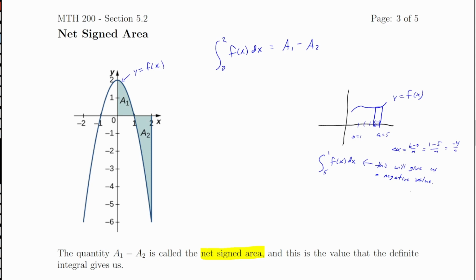So the magnitude is the same as what the area would be. So if this area was, say, 7, then this integral would be equal to negative 7. And if I integrated from 1 to 5 of f of x dx, then I would get positive 7.